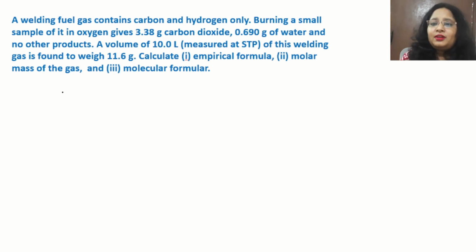So first, let's figure out what the question says. Question is saying we have a gas having carbon and hydrogen. So we can say carbon having X and hydrogen having Y amount. This gas is reacted with oxygen, or we can say burned in oxygen, and it gives carbon dioxide plus water.